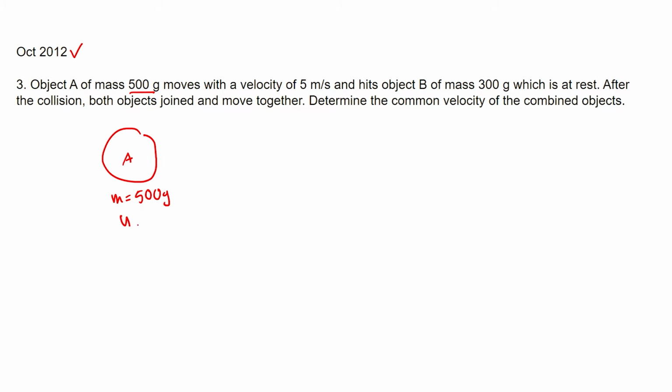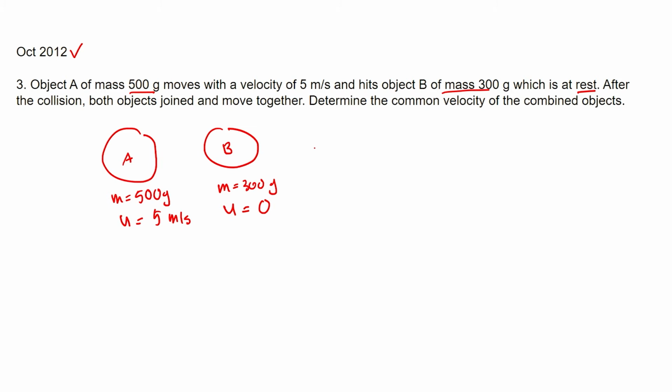So U is 5 meter per second, and hits object B with a mass 300 gram at the rest. What does at the rest or stationary mean? When at the rest or stationary, U or speed equals 0.